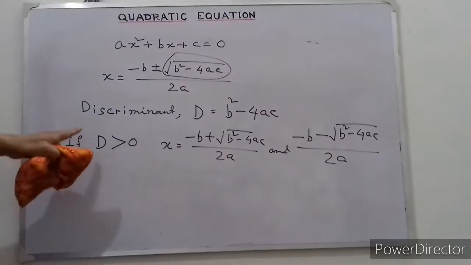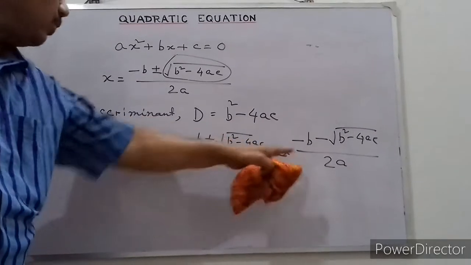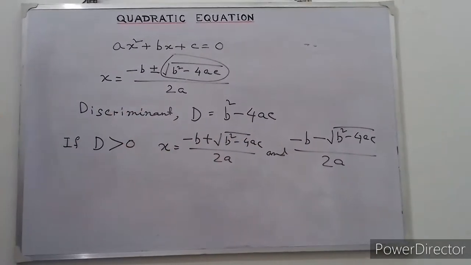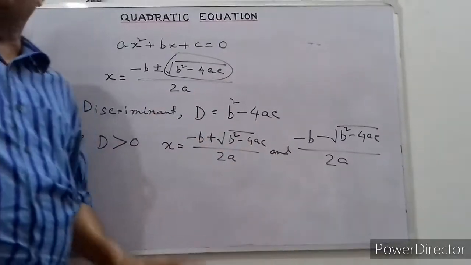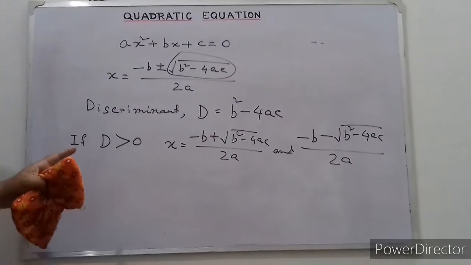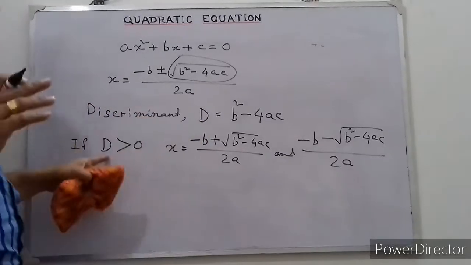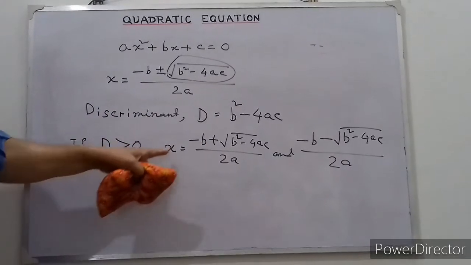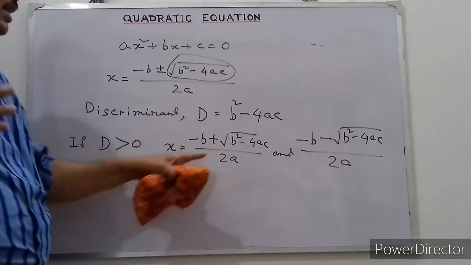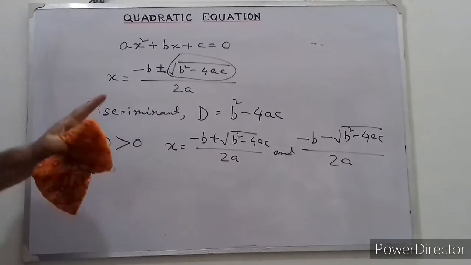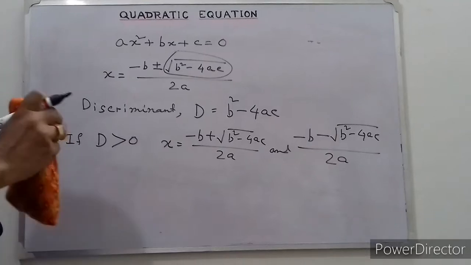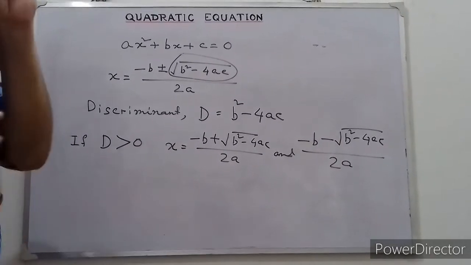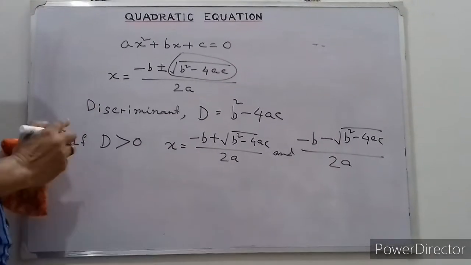That means the values of x are two values and both are real. The values of x are called roots of the quadratic equation. So if discriminant is greater than 0, then the roots of the equation are real, and there are two different roots.